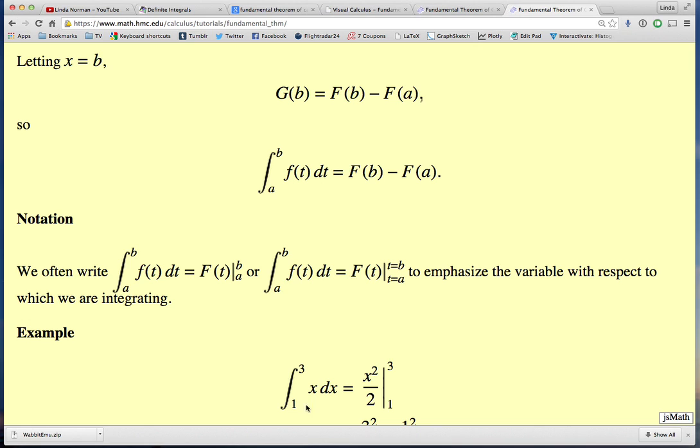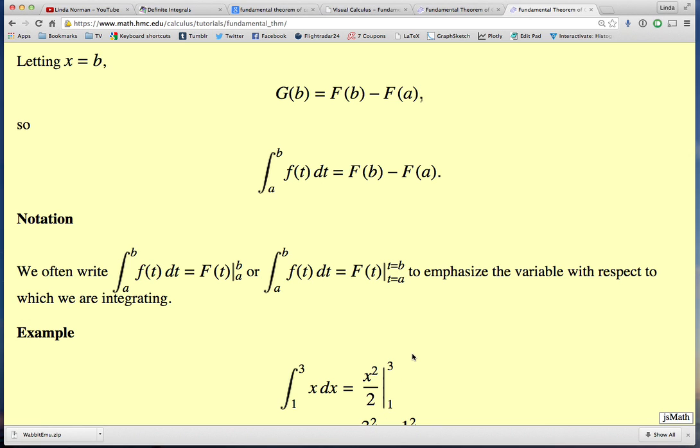So let's say right down here at the bottom, I've got the definite integral of x dx from 1 to 3. So I take the antiderivative of x, which is x squared over 2, or 1/2 x squared, the way I've been showing it in class. And then this just denotes that I'm going to evaluate it from 1 to 3.